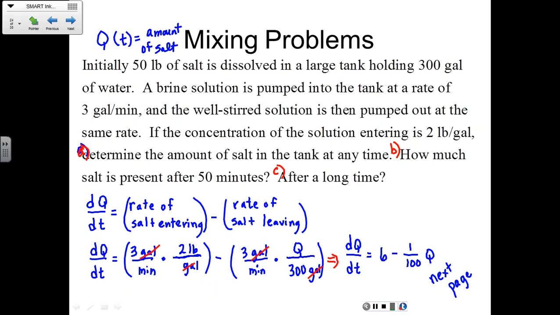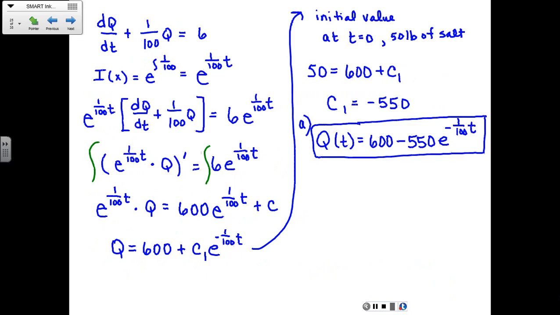Q of t, we found that answer to A. That means you can find out how much salt's in the tank at any time t. How much salt is present in the tank after 50 minutes of pumping? So we're just going to plug in 50 here. 600 minus 550 e to the what?